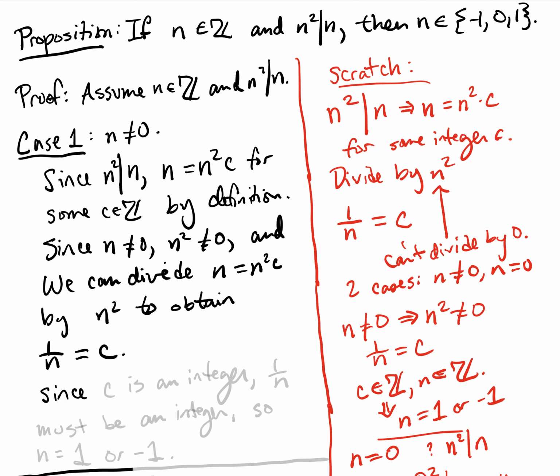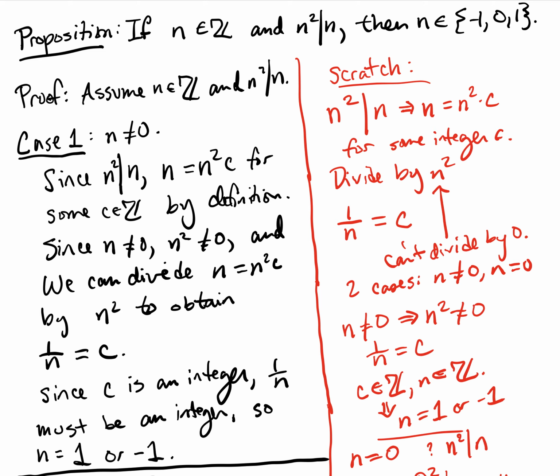Since c is an integer, 1 over n must be an integer. So n could only be equal to 1 or negative 1. We have completed case 1 and followed it all the way through and found that if n is not equal to 0, then n must be 1 or negative 1.